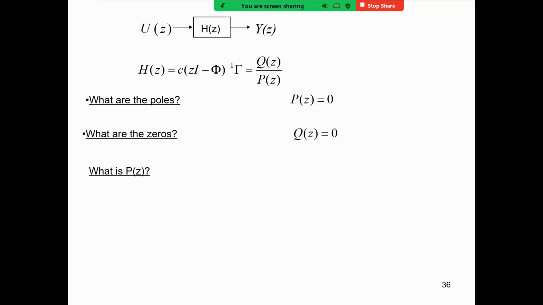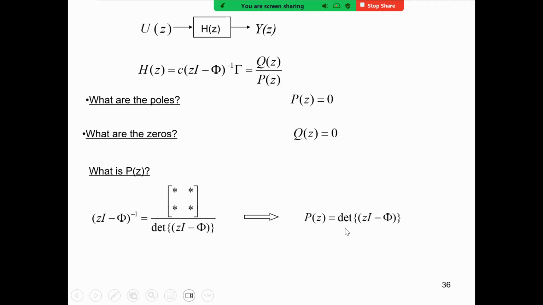Then you say, what is the denominator? If we look at this expression, how do you compute the inverse of a matrix? The inverse of a matrix is the adjoint matrix of this matrix over the determinant of that matrix. So that's where you get the denominator. Therefore, the denominator is the determinant of zI minus phi.